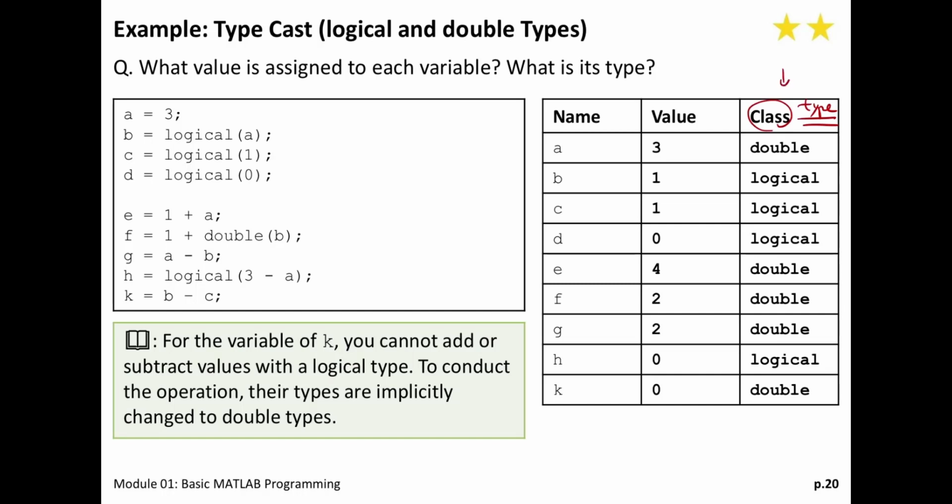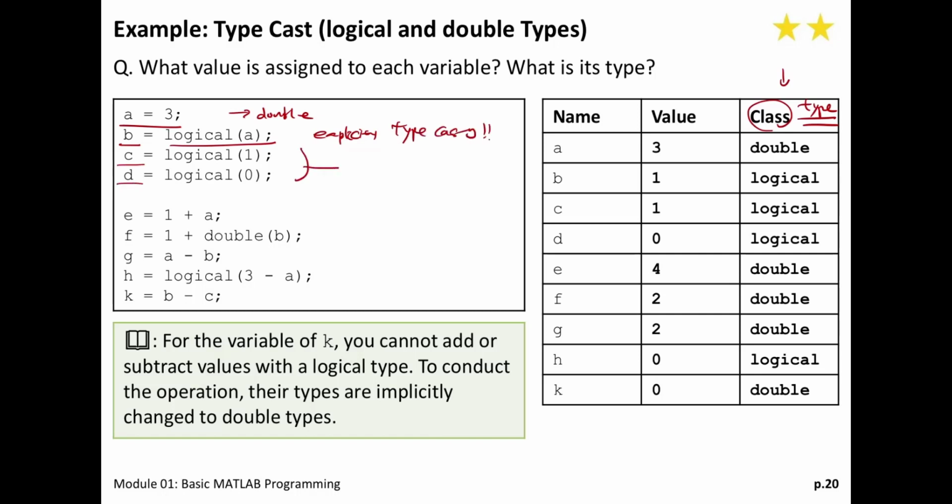I make another column here. A is double, right? Because the double is a default type. B is logical, right? So explicit typecasting, right?